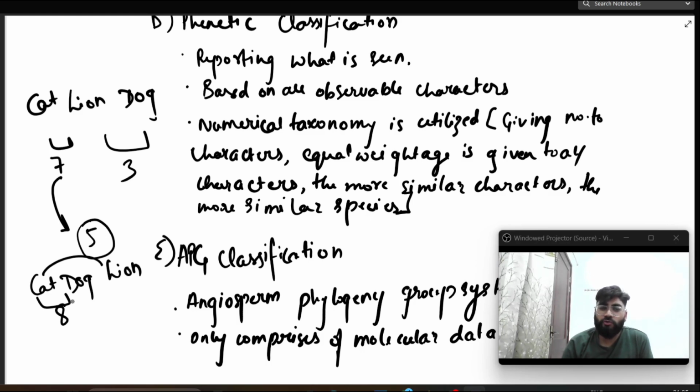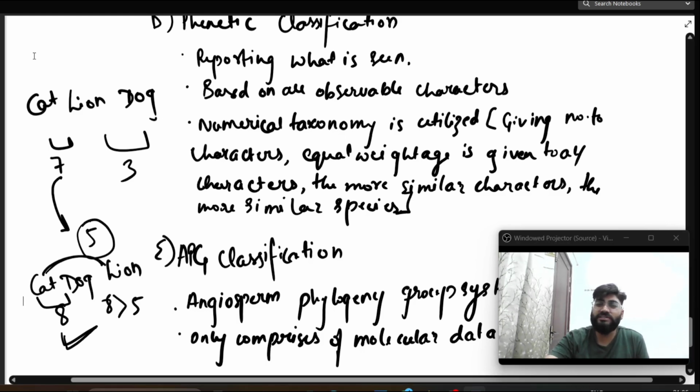So it is going to accept these 8 common characters because they are more in number. 8 is more than 5. So it is going to accept more characters instead of more important characters. This is the problem with numerical taxonomy. Phenetic classification is based upon numerical taxonomy, hence it is not much preferred.